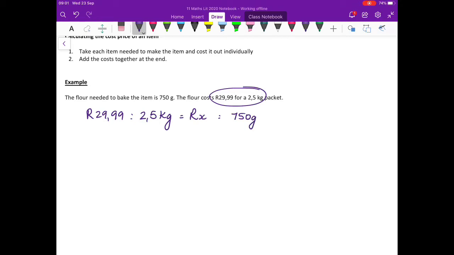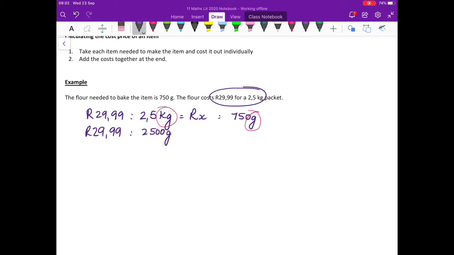Right, the problem here is we've got kilograms and grams, so we are going to change. It's far easier to change the kilograms to grams, and we don't have to work with decimals. So 2.5 kilograms is going to be 2,500 grams. So we're going to have 29.99 to 2,500.